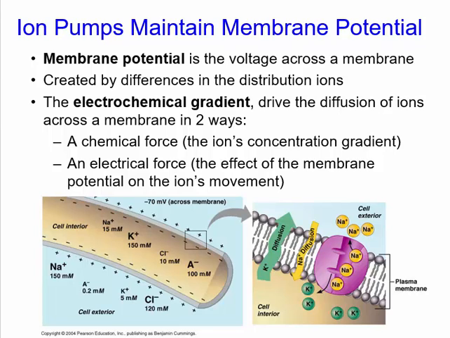Now, if you'll notice, this is actually working in 2 ways. There's this chemical force, so that ion's own concentration gradient, and then there's an electrical component to this. Again, the inside of the cell slightly negative, outside slightly positive. So that's contributing to the differences in this membrane potential on either side.